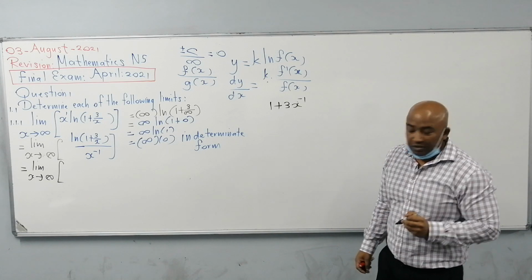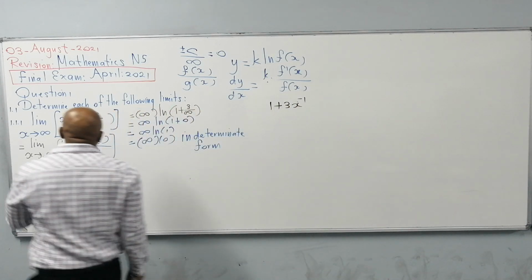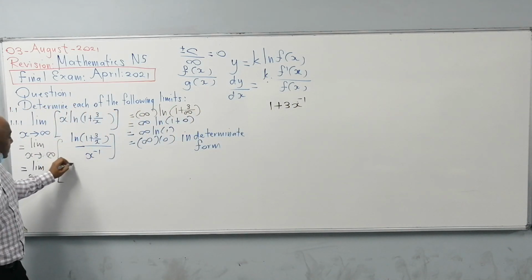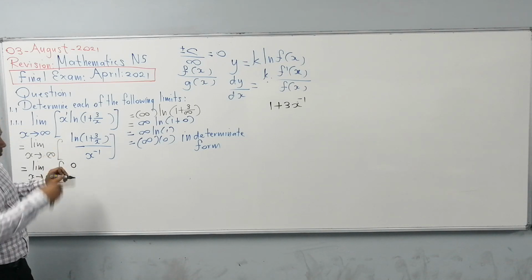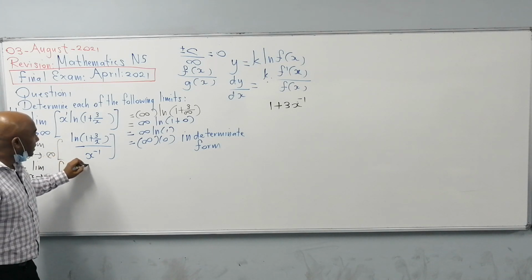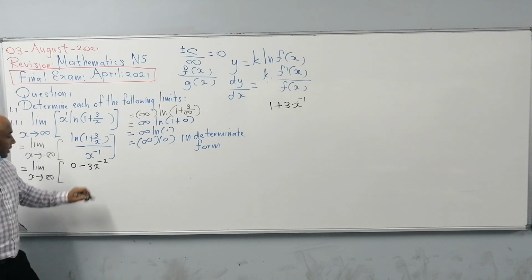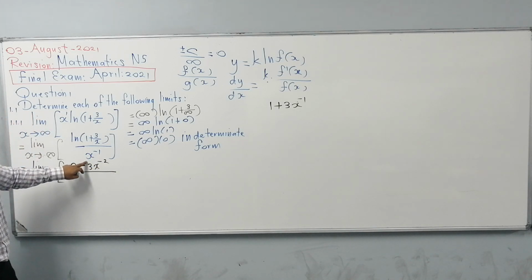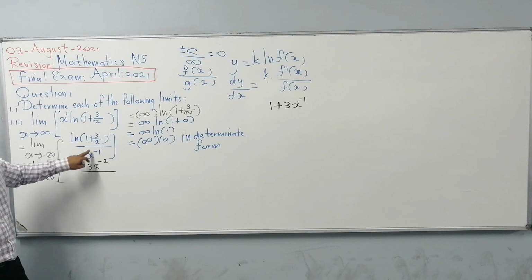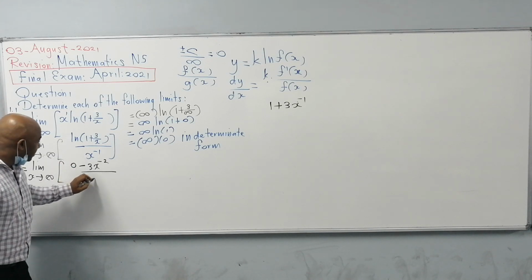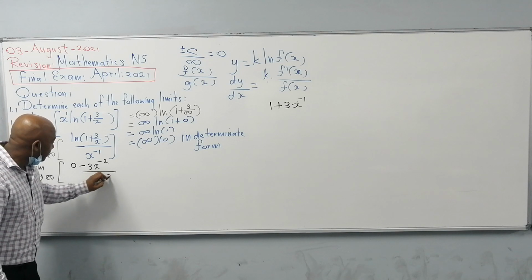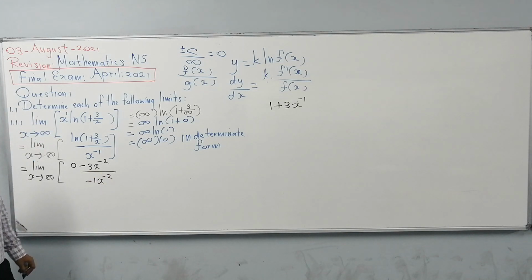When I differentiate it, the derivative of 1 is 0, and the derivative of 3x to the power minus 1 is minus 3x to the power minus 2. All divided by the derivative of the denominator, the derivative of x to the power minus 1, which is minus 1x to the power minus 2.